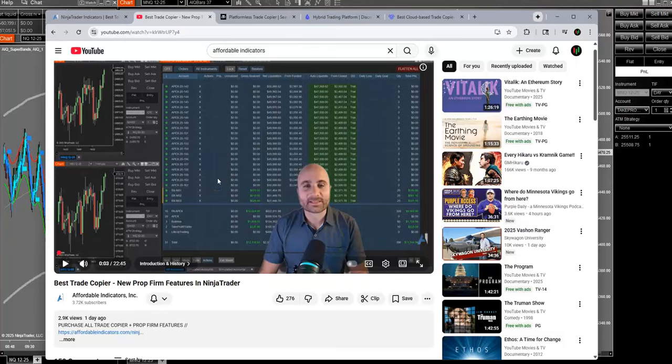And wow, the solution that Joel has for the NT8 platform, for those of you on Rithmic feeds, for those of you using Tradovate, and I notice he was even mentioning TradingView, so I imagine that's a TradingView account where you're trading on TradingView, but it's linked to a Tradovate or something on Rithmic feed. The advancements he's just made on his already great trade copier are definitely worth taking a look.